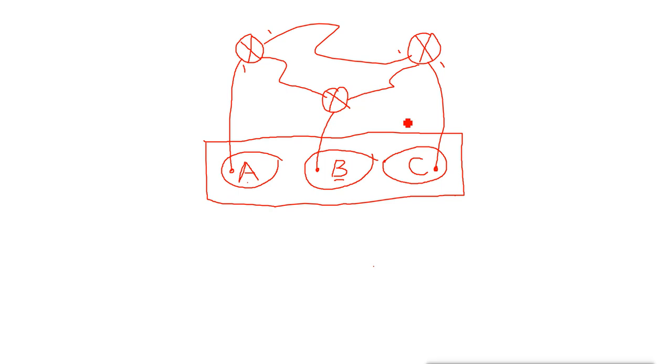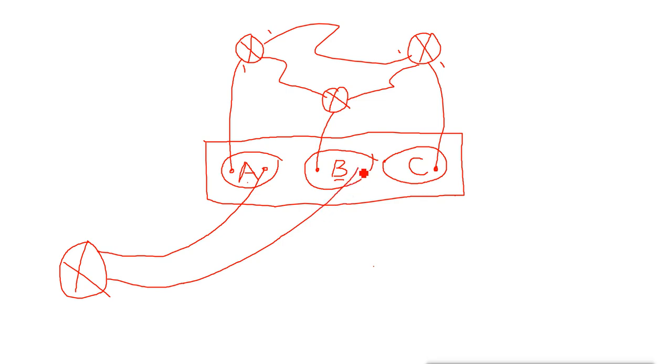Now I have another idea. I will use only one router, and in that router I will use one Ethernet port, and I will connect that port to this VLAN A. Then I will use the other Ethernet port and I will connect it to this VLAN.